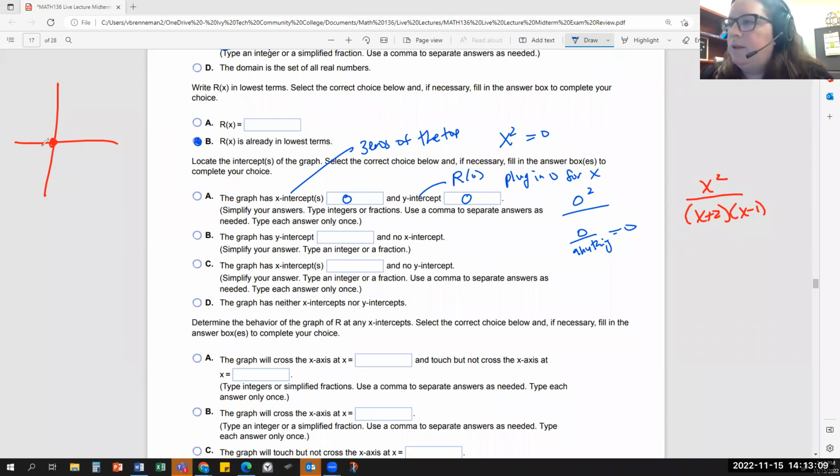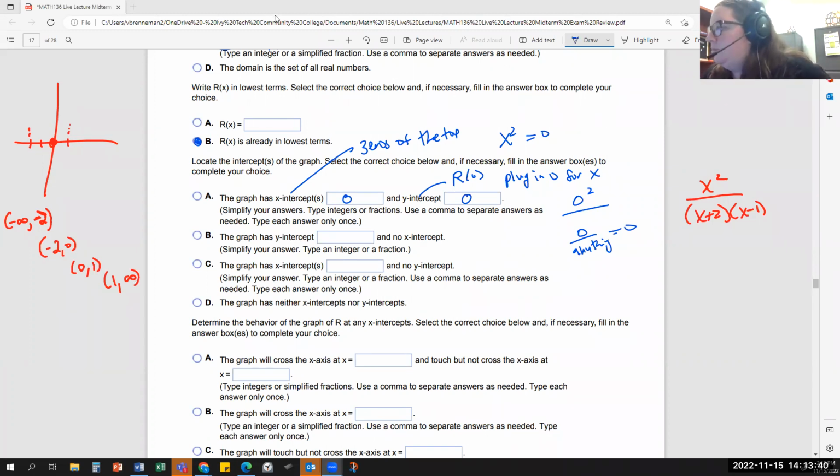So we have -2 and 1 and 0. We're going to go from -infinity to -2, from -2 to 0, from 0 to 1, and from 1 to infinity. Those are the intervals, the pieces that make up the answers to the above and below the x-axis question. So we'll come back to that.